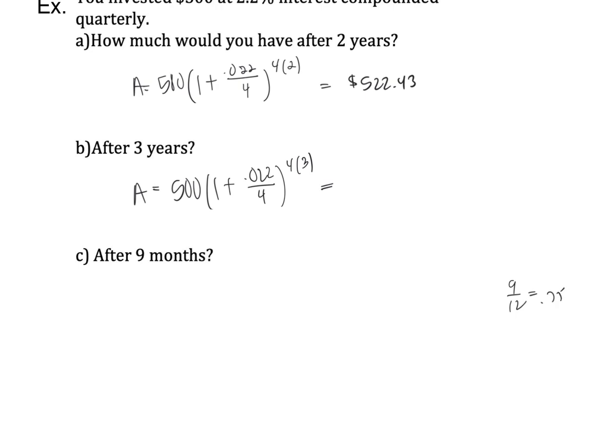This is 0.75, 75% of a year. So we use the same formula. 1 plus 0.022 over 4 times 4 to the 0.75 power, and you'll get $508.30.